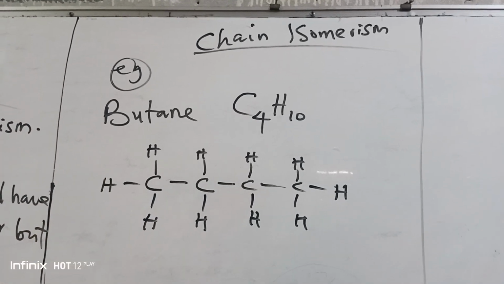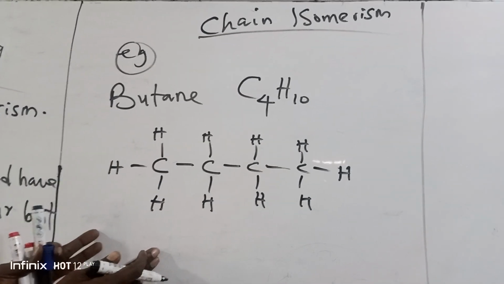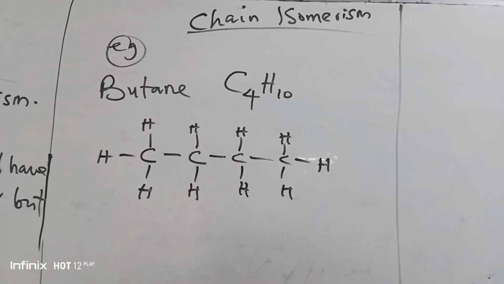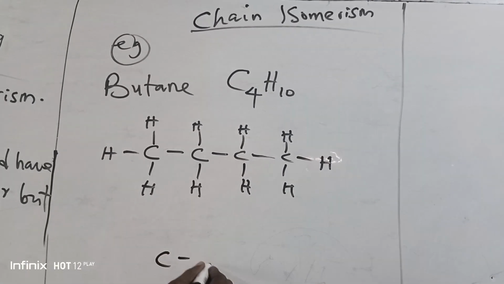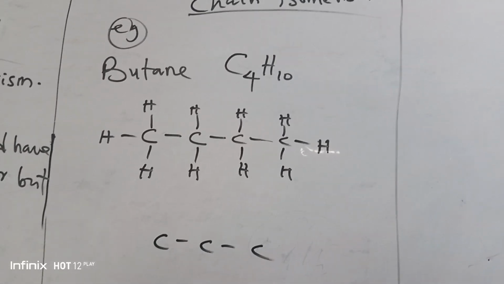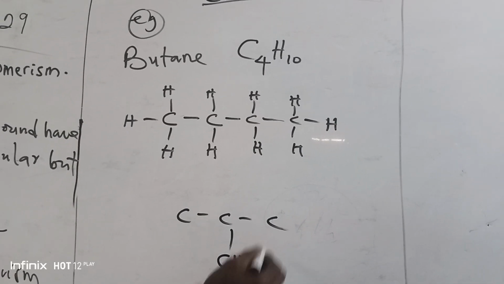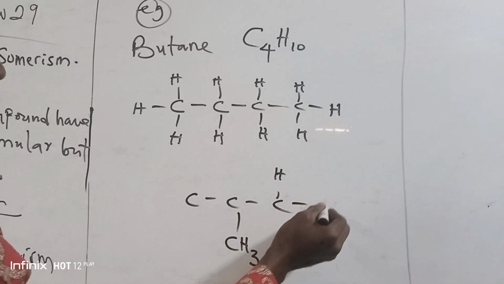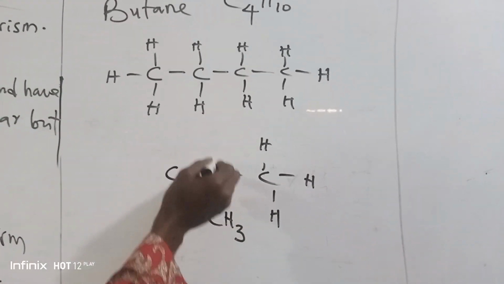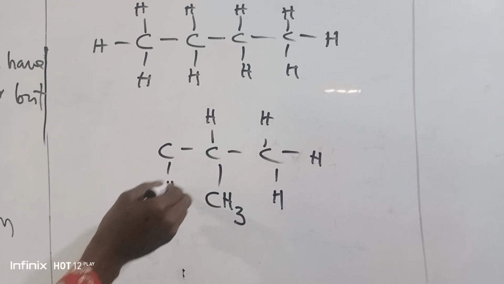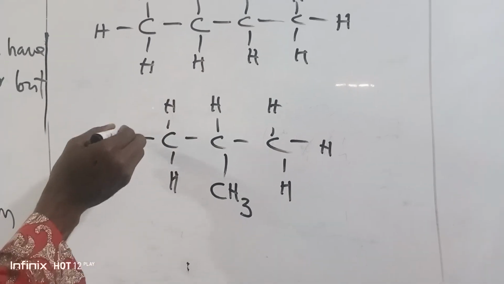Now, what we have here is butane. Butane can also be written as 1, 2, 3, and somewhere around here, I have a CH3 group, with hydrogens attached.